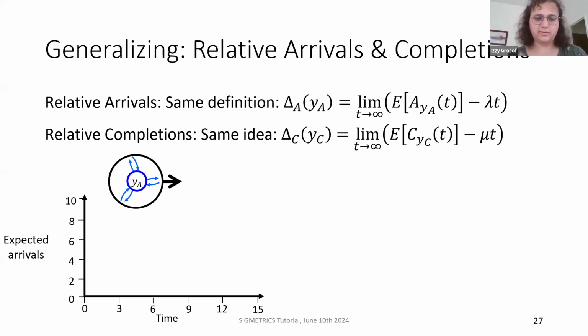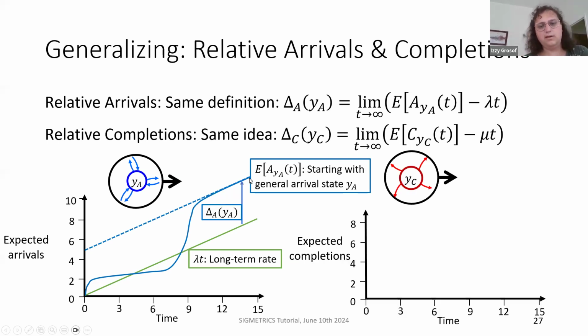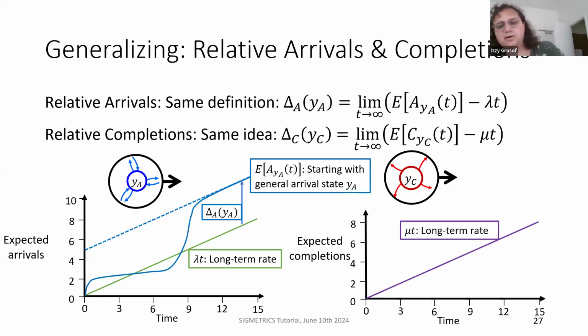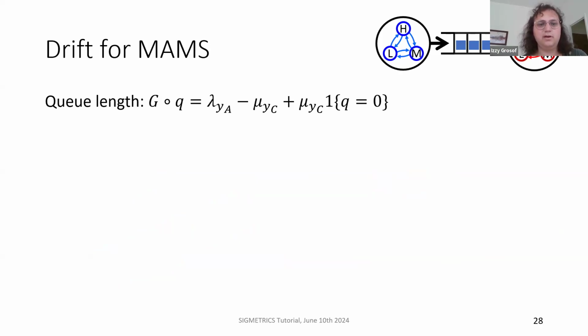So just to draw some pictures of that, we've got our long-term rate, and our arrival process might go around for a while and settle out at some particular offset, and that's our delta A. And a similar idea for completions: long-term rate, and settle out, and that's our delta C. So nothing's changed here. And when it comes to drift, Q length has a drift: a state-dependent arrival rate shows up in the drift, a state-dependent completion rate shows up in the drift, and our edge case has a slightly different form than before.